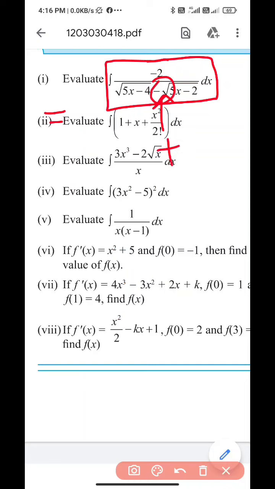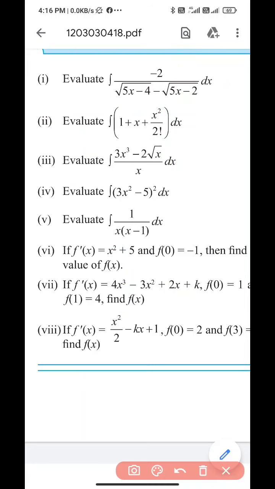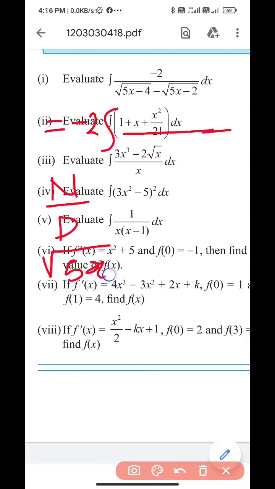Okay, as the space on the screen is a little less, I'm going to adjust it so that you can understand it better. Okay, so the first step will be to take -2 common and to multiply the numerator and the denominator with root 5x minus 4 plus root 5x minus 2.